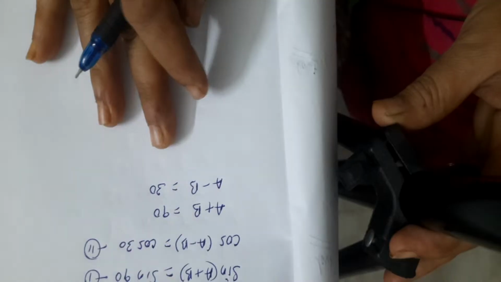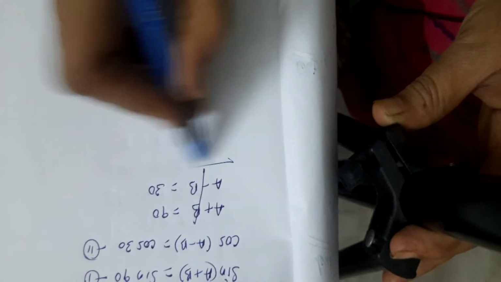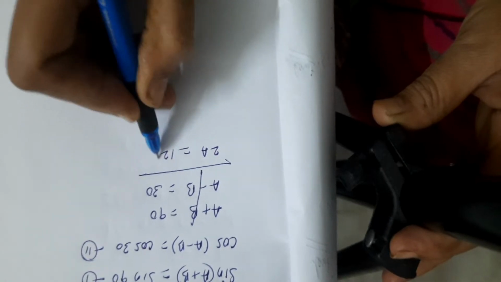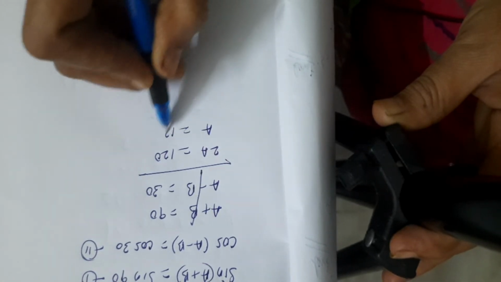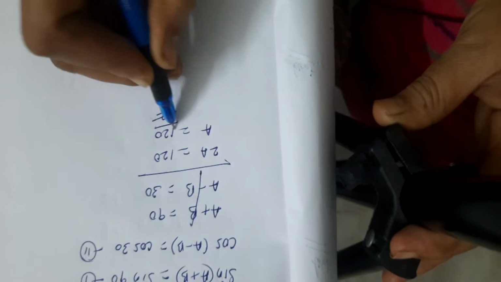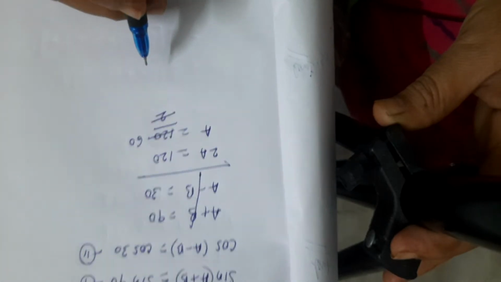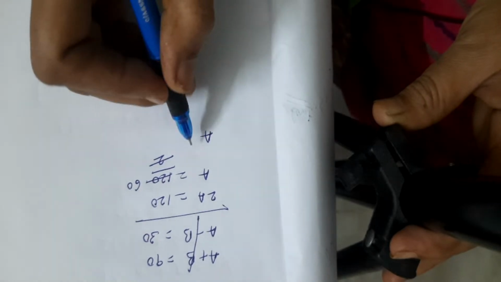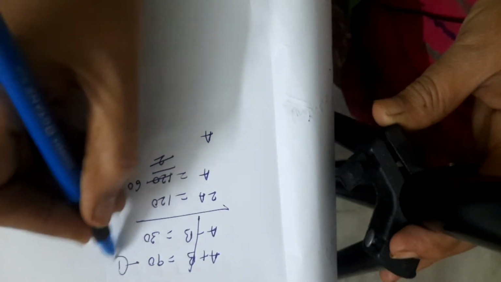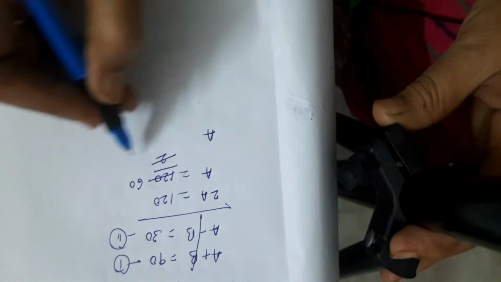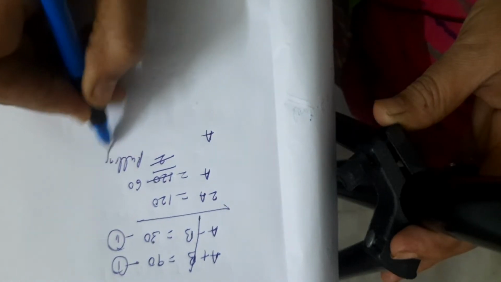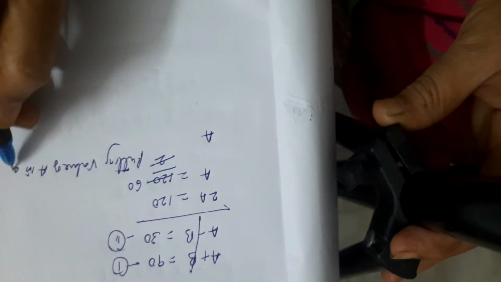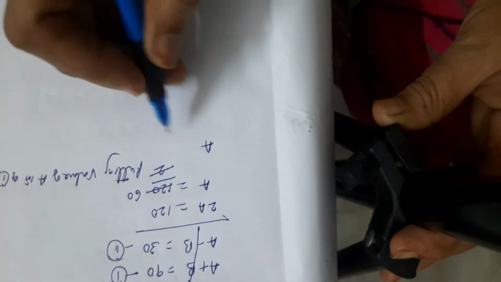Now you can calculate easily. B will get cancelled. 2 times A is there. So thus 2A is 120. A is 120 upon 2. Now cancel out. So the value of A is 60. Now putting the value of A in equation 1.